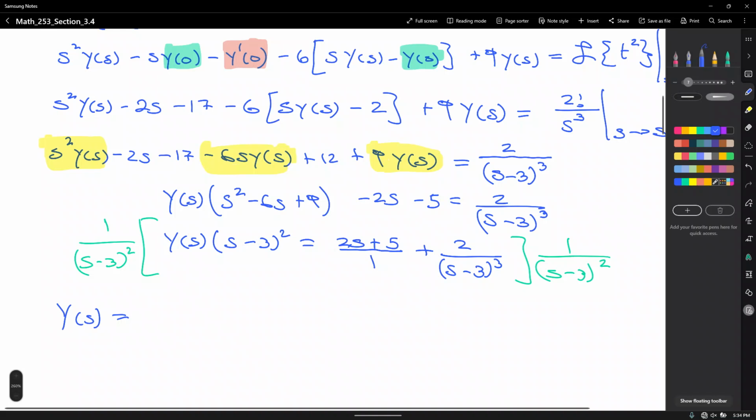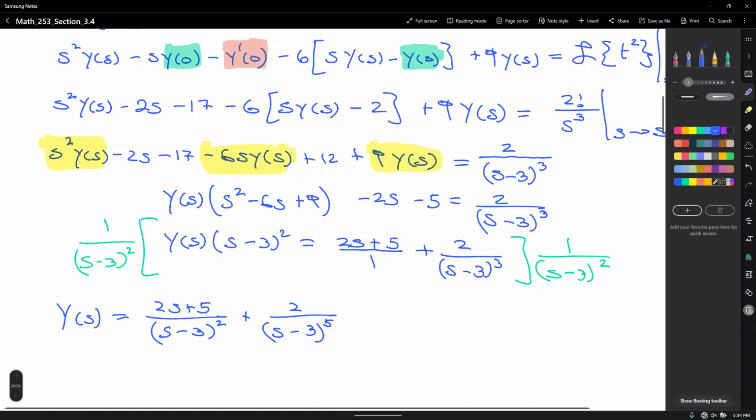So this will be 2s plus 5 divided by s minus 3 quantity squared plus 2 divided by s minus 3 to the fifth power. Not minus 5, it's minus 3, right?